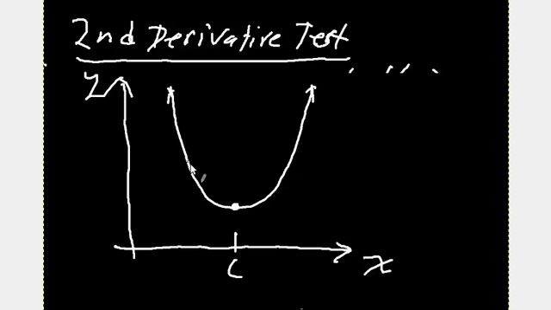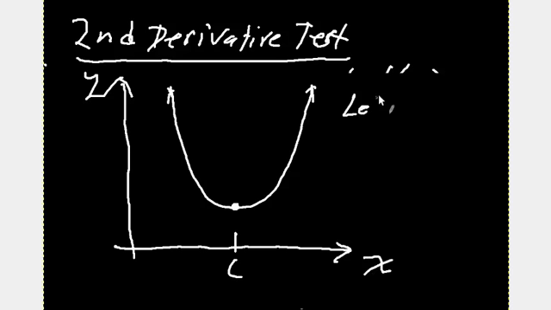It becomes somewhat less negative, which means that that slope is increasing. It's increasing into 0, and then it gets positive, which means that it continues to increase. The first derivative is increasing, which means that the second derivative is positive. So we know that there's a local minimum in this graph at x equals C.